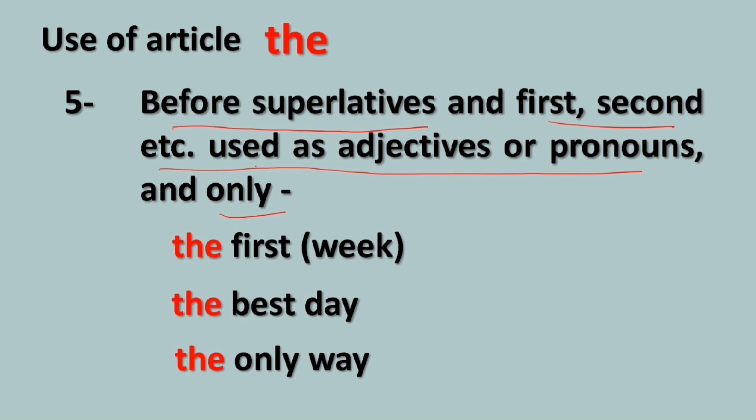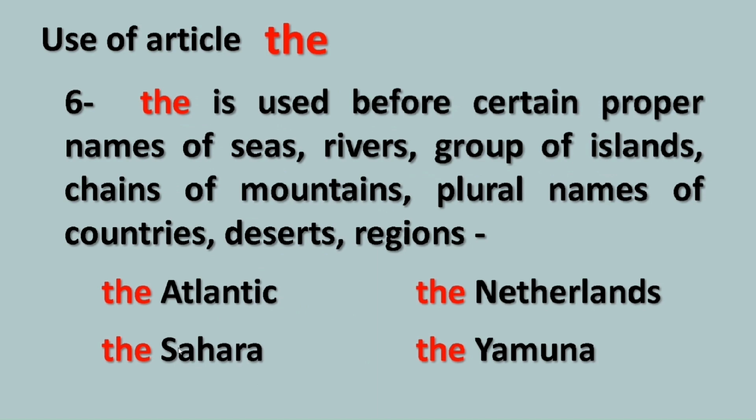Means before all these situations, article the is to be used. See the first sentence. This is the first or second used as an adjective. That's why the is used. The best, this is superlative degree. That's why the is used. And here is only. So before only the is to be used.